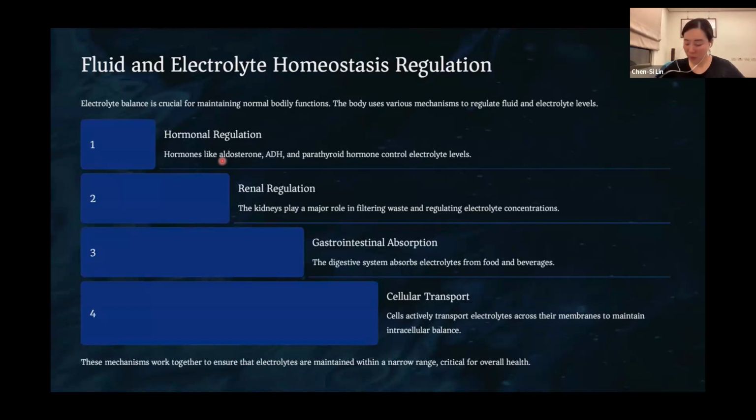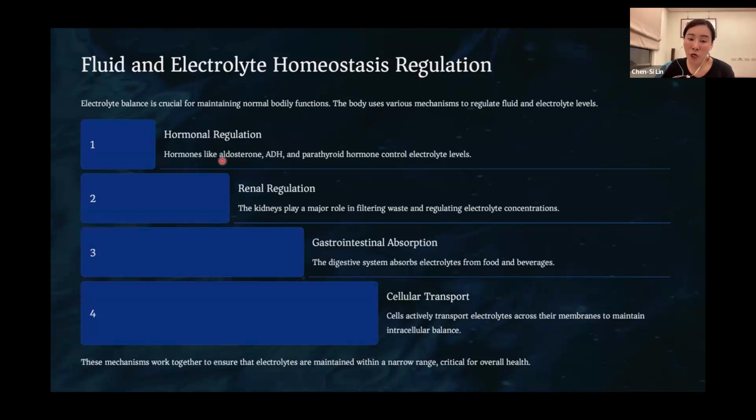If we do a blood test and find an electrolyte imbalance, the next stage is to check if this animal suffers from some kidney problem. And another is the GI system, because the digestive system absorbs electrolytes from food or beverages. So kidney functions we need to monitor.